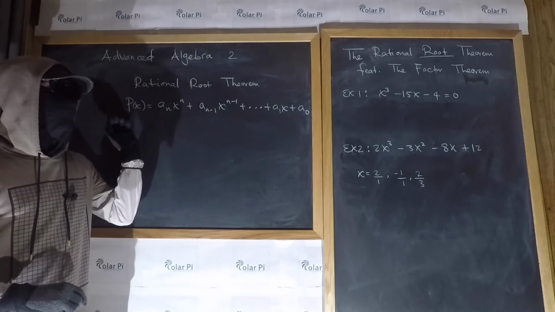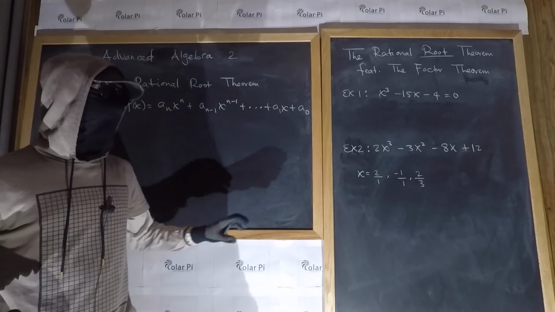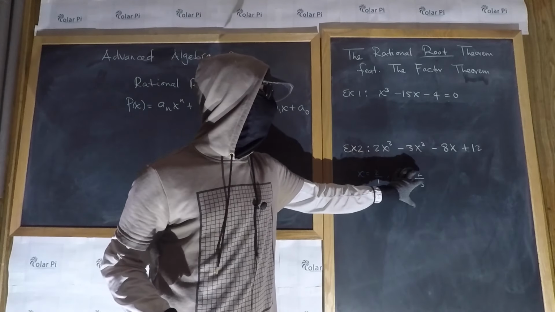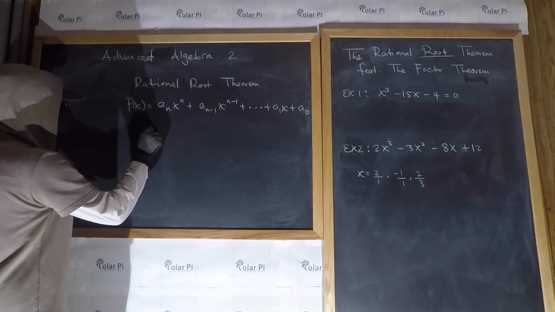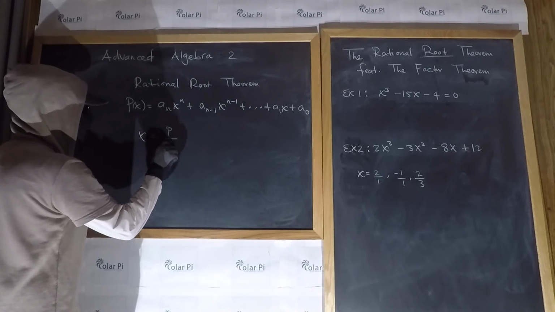If whatever polynomial you're working with has rational roots, so roots that look like these, then they must be in the list x equals p over q.